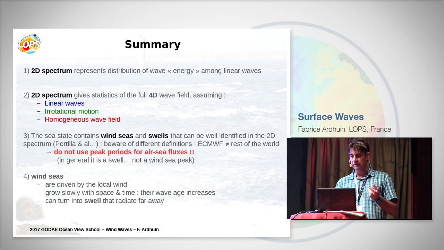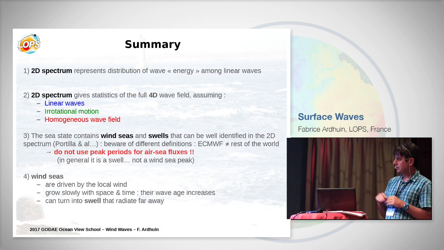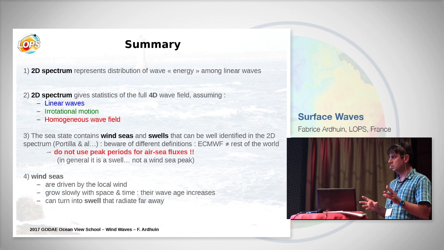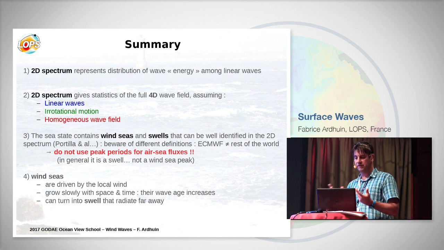But you have to be careful that there are actually different definitions, and ECMWF is using something different from the rest of the world in terms of defining what is wind sea and swell. So always be careful, if you take some wind sea and swell parameter, how it's being defined. And just also one comment here, a lot of people are using peak periods for parameterizations.